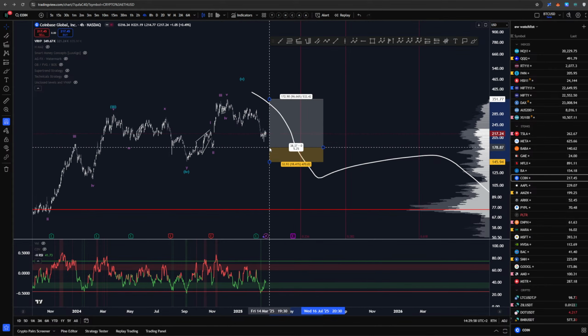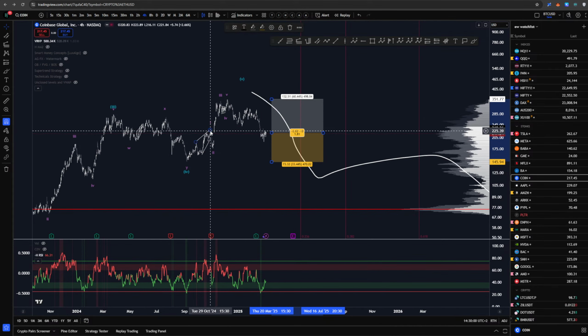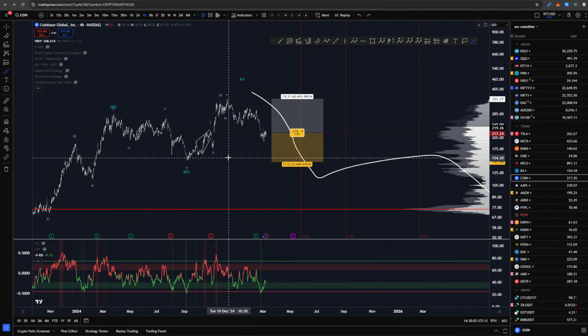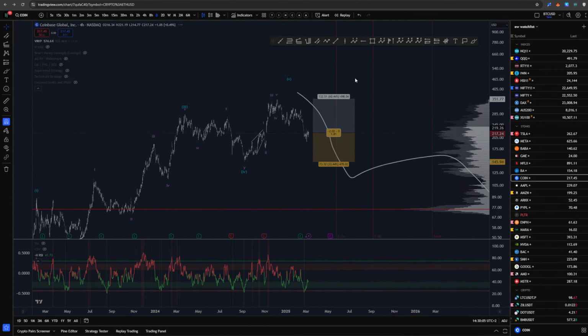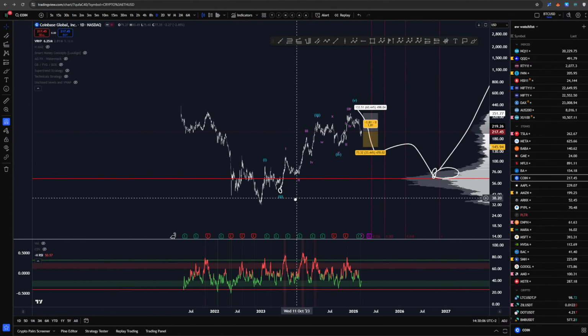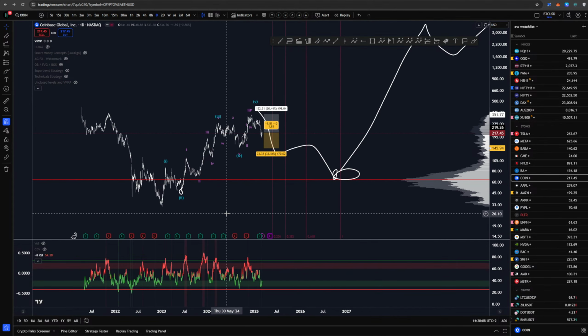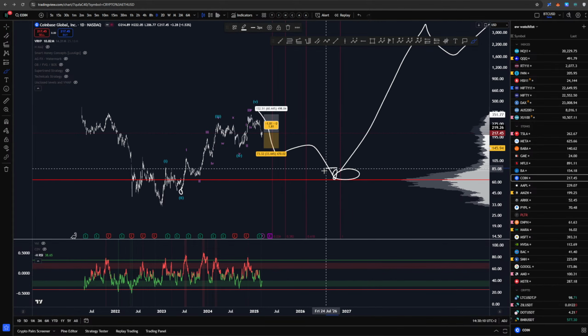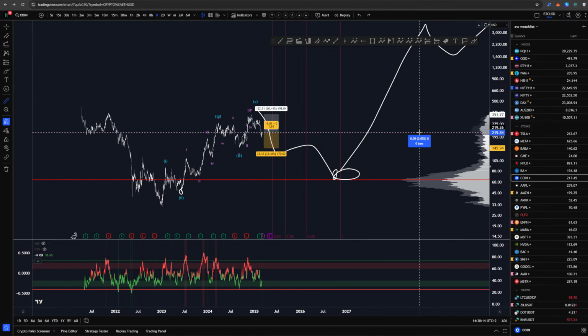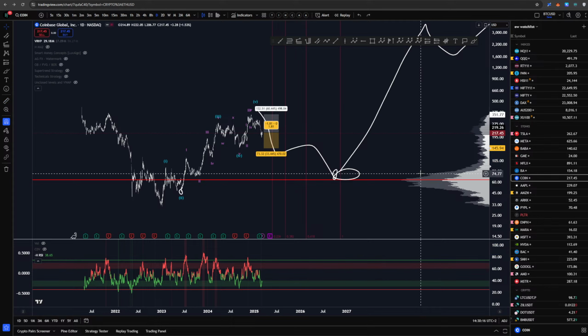Kind of would like it to come back a bit lower. And the issue here is that we already have a potential 5-wave to the upside. However, here, way lower, again, we would need to drop like 60%.